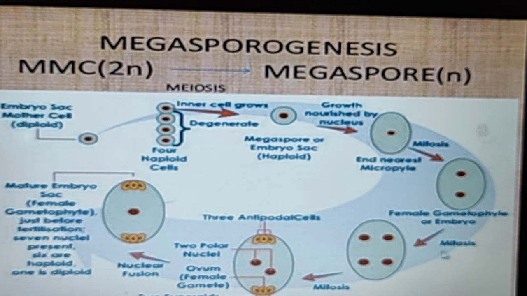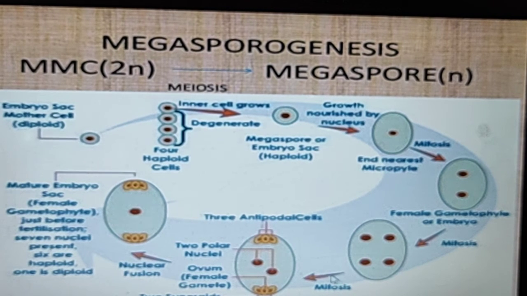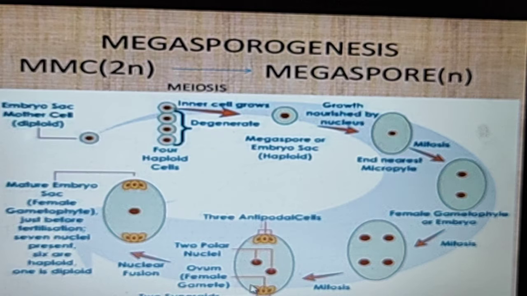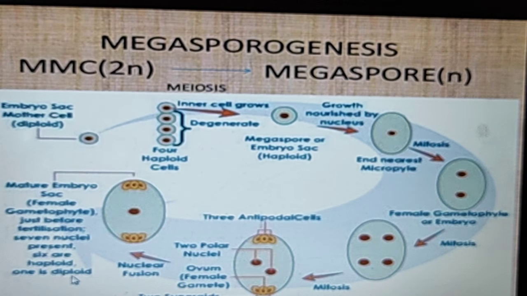Now the female gametophyte develops, four cells are formed, and such an arrangement develops here. Now nuclear division takes place, and we know that the mature embryo sac, the female gametophyte just before fertilization, has 7 nuclei: 6 are haploid and 1 is diploid. It is a very important line. We consider these two nuclei as diploid because it is one cell in which two nuclei are present. Clear?